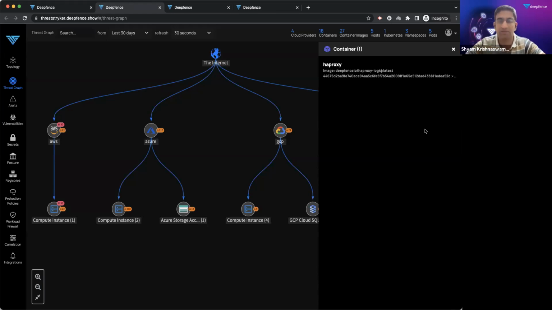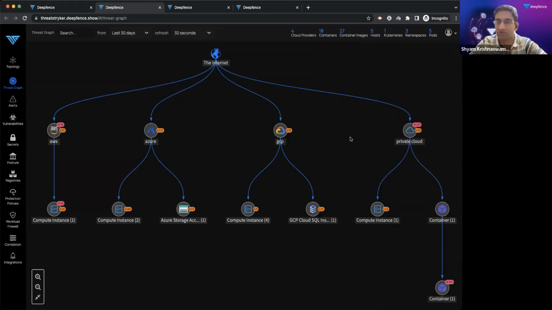What is the path to these vulnerabilities being exploited? This runtime observation gives us an ability to plot this for all the users of this platform so that they can focus on those that really matter.